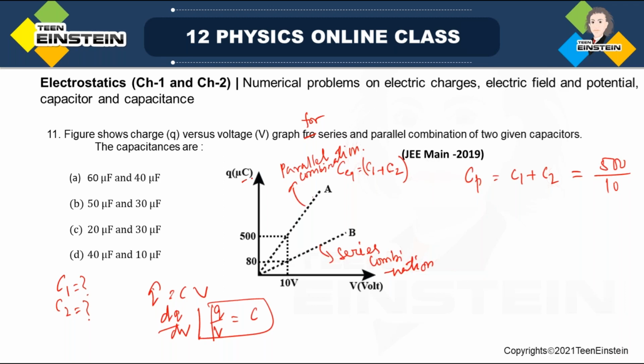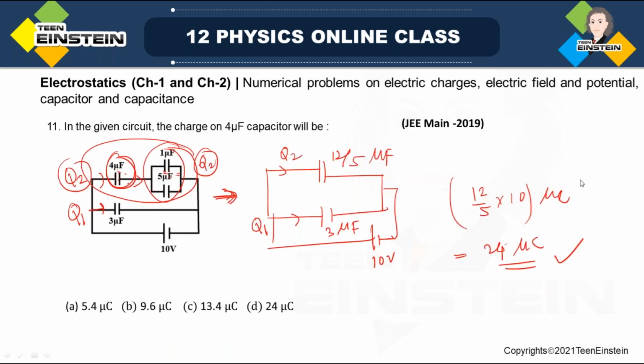This is actually in microcoulomb. This is in volt, so it will be in microfarad. Okay. So what we'll get? So we have got C1 plus C2 is equal to 50 microfarad. Okay, so that is what we have got now.